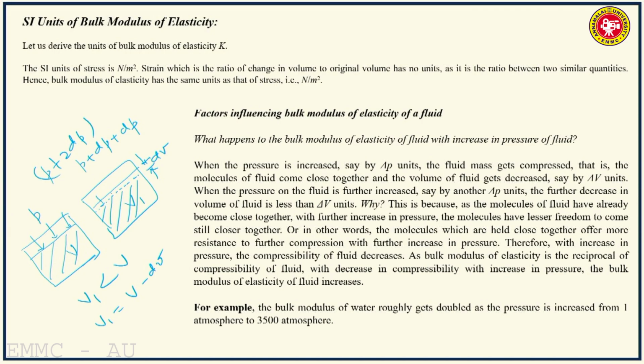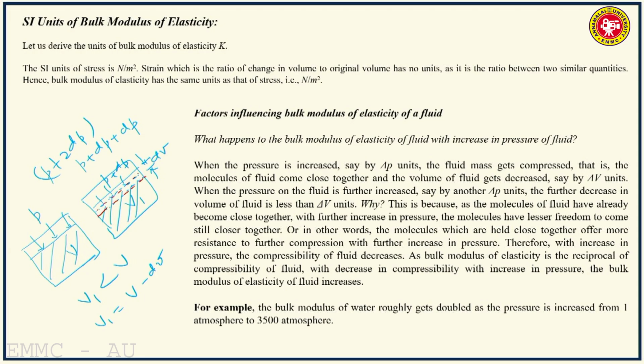So here this is P plus dP. Now P plus 2 dP. What happens now? The volume is further decreased, say to V2. I will use a new color. This line corresponds to the original volume.